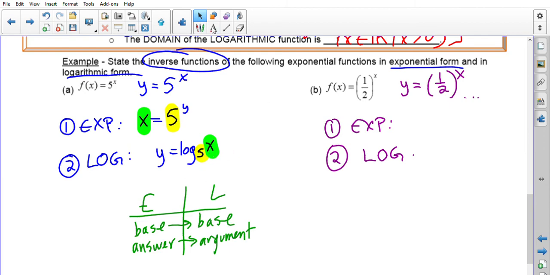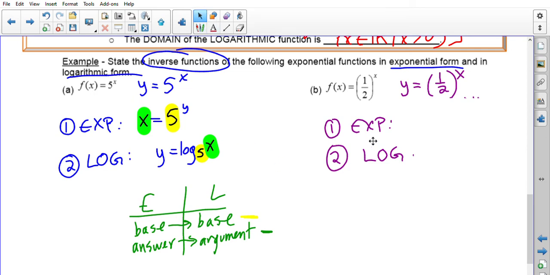Now notice the answer of the exponential version. I call it the answer because it's what the base to the what equals x. The answer of the exponential becomes the argument of log, in green. The argument is the input, basically what we would input into a calculator: log of what, and that's what we plug in.